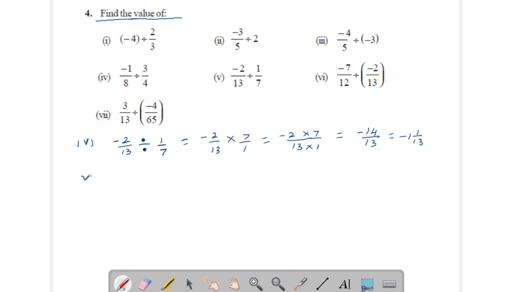Now come to sixth part. It is minus 7 upon 12 divided by minus 2 upon 13. Here this can be written as minus 7 upon 12 into reciprocal of minus 2 upon 13. That is minus 13 upon 2.